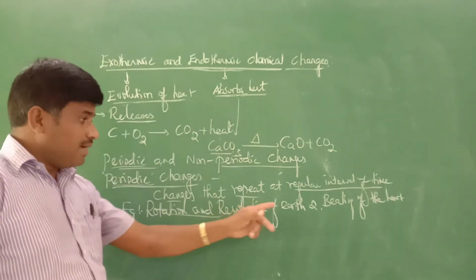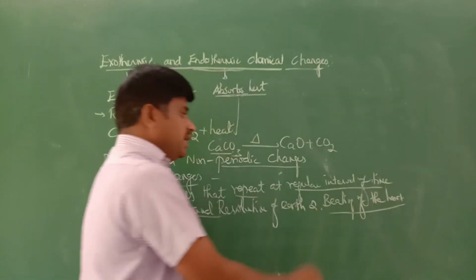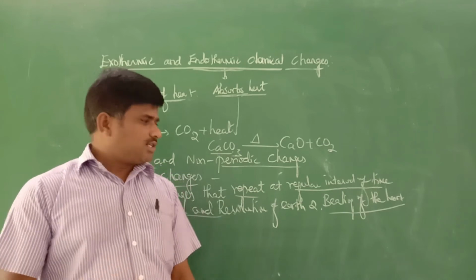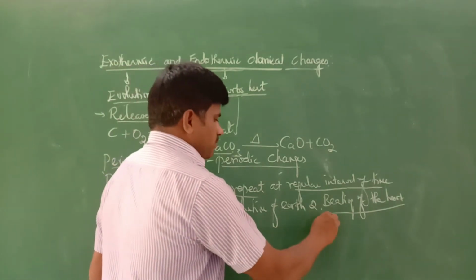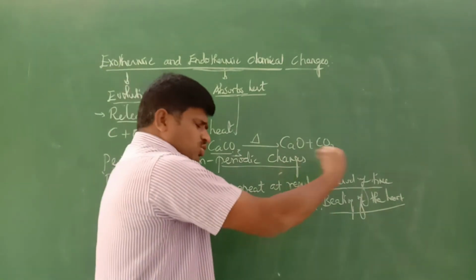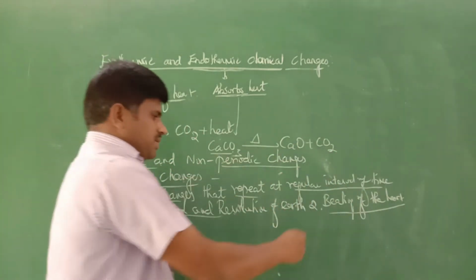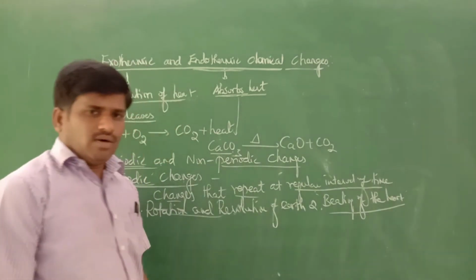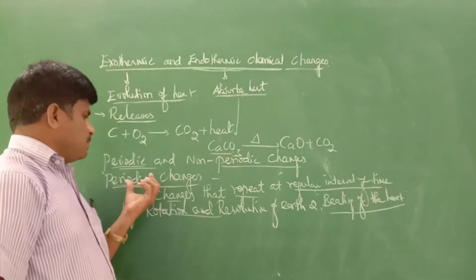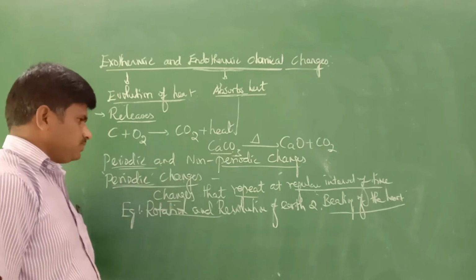Likewise, beating of the heart: we feel a lub-dub sound, no? In 1 minute, that sound is produced 72 times. That also happens at regular interval of time. So these are the two examples for periodic changes.